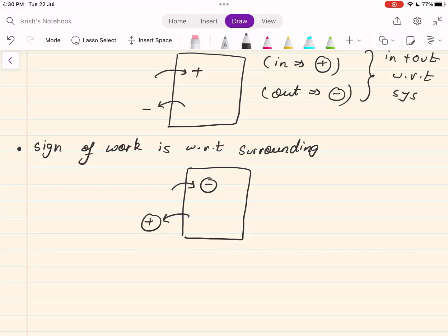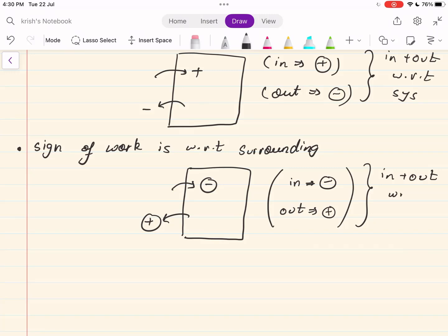If it is being done by the system, then we say it is positive. So, if work is going in, then we have negative. If work is going out, then we have positive. And in and out directions are with respect to surrounding.